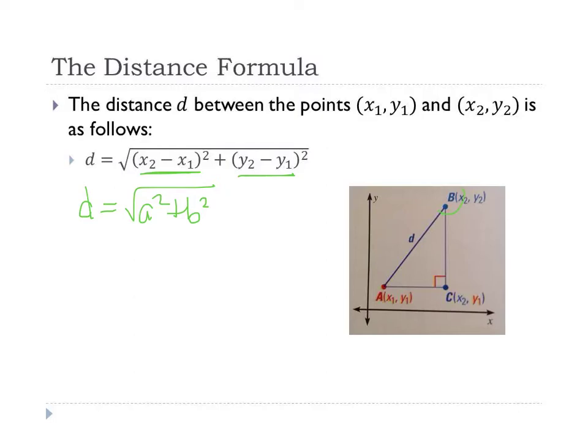If you specifically know these two ordered pairs that are endpoints, the way you get the length of this side is by subtracting their x values, and the way you get the length of this side is by subtracting their y values. So it is the Pythagorean theorem, except we've just put in some ordered pairs because we have to also be able to calculate the lengths of those sides, and thus it's all done in one formula.